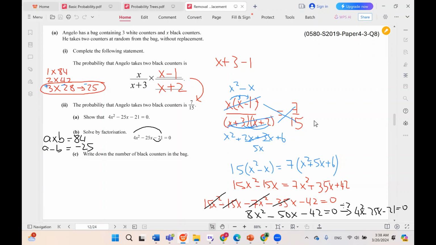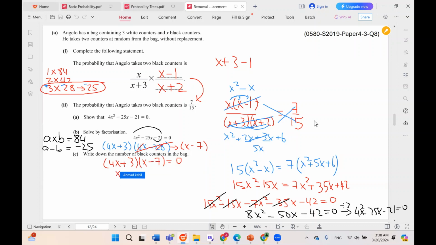Now we write our brackets down. So we have 4x plus 3 and 4x minus 28. Of course, the 4 and the 28 can simplify, so this becomes x minus 7. Now we have 4x plus 3 times x minus 7 equals 0.